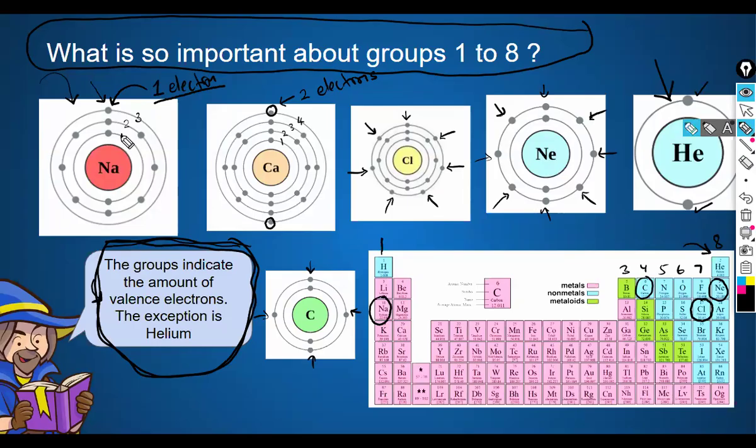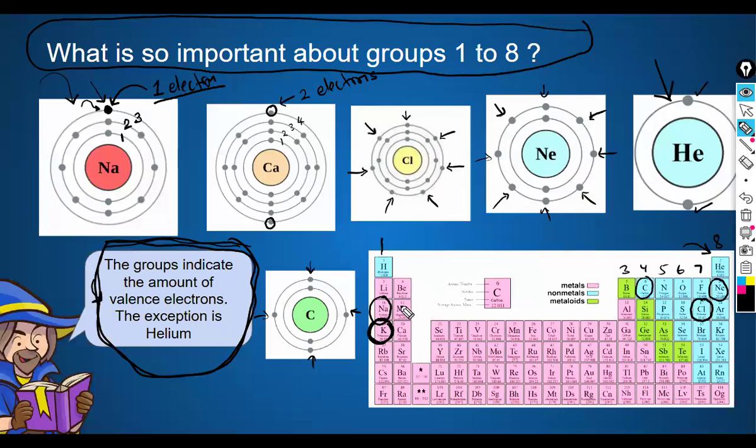It has 1, 2, and 3 shells. And on the last shell, it only has 1 electron. So potassium, right underneath sodium, is also in group 1. Will he also have 3 shells and 1 electron?